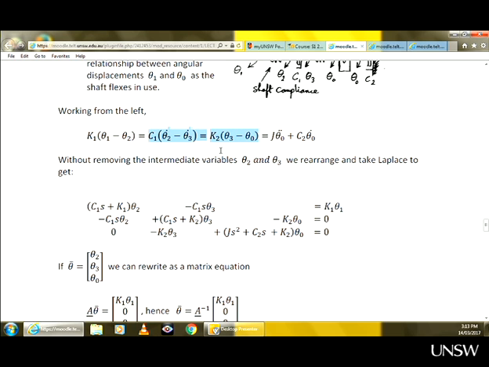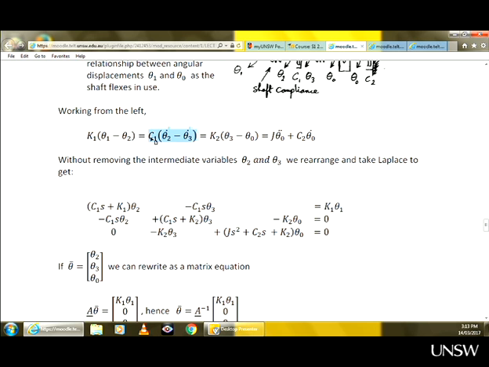Now, second equation, repeat the same process, but this time I don't have theta 1, so I will have 0 on this side. Everything is on the left-hand side. Now I need to bring this term to the right-hand side.